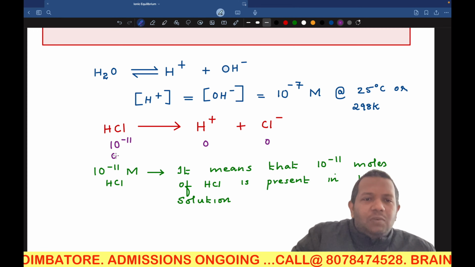So the concentration of H plus due to HCl is the number of moles of HCl, 10 power minus 11, divided by volume. Volume here is 1 liter. So it would be 10 power minus 11 mole per liter. That is our concentration.